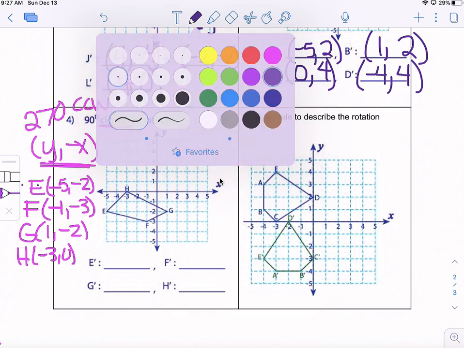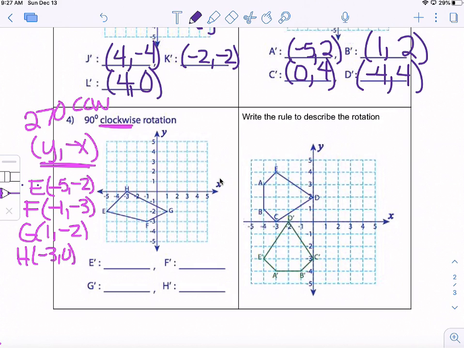So E prime is going to be -2, +5, because I'm taking this point, the y comes to the front and stays the same. The x goes to the back, and you change the sign. So if I put a negative in front of a -5, it's going to become +5.